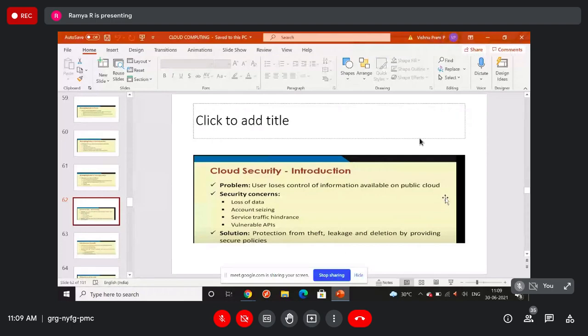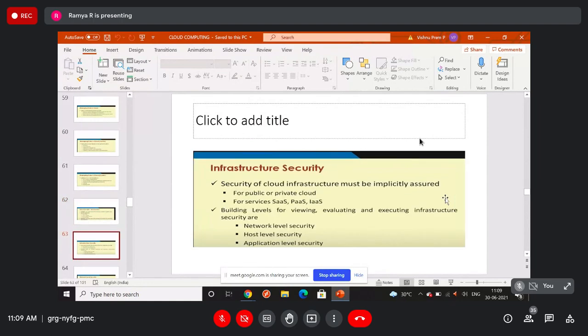Next thing, cloud security. We are talking now about cloud security. What is the problem here? The user loses control of information available on the public cloud. The security concerns here are loss of data, account seizing, service traffic, and vulnerable APIs. The solution is to protect from theft, leakage, and deletion by providing secure policies.